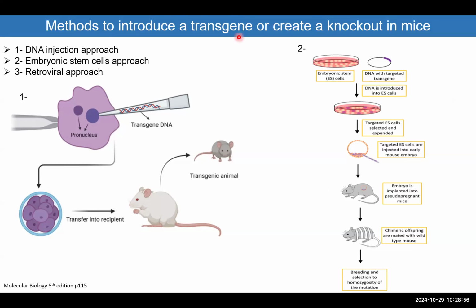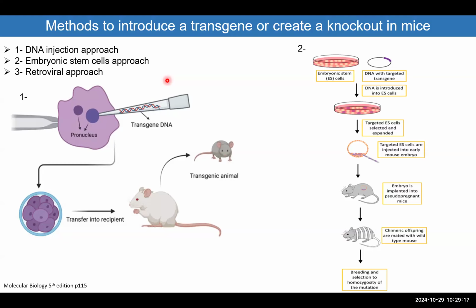So what are the methods? Somebody is asking, Gary, you are asking, is the knockout still considered transgenesis if no foreign genetic material is introduced? Well, as I said, transgenesis is mostly and widely accepted to be an overexpression or an introduction of a gene.